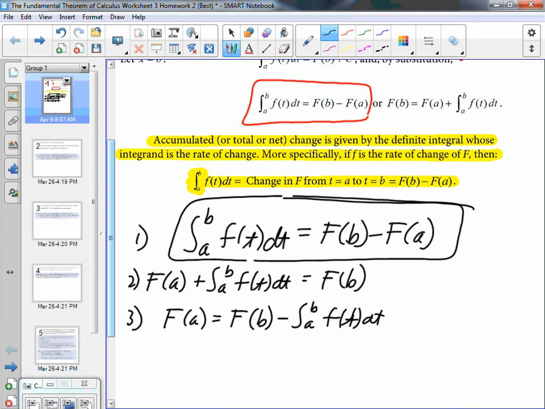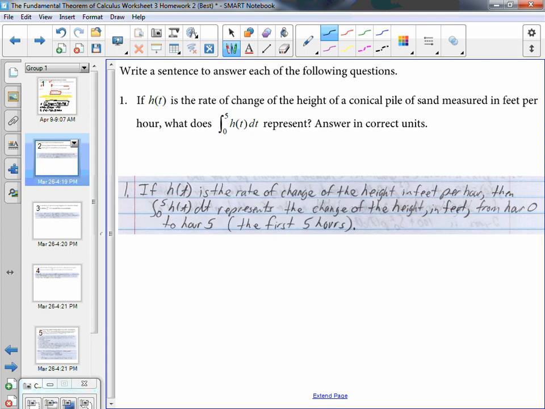All right. So here's the kind of problems they're asking you to do here. Write this one down so you'll have an example to go by. The directions say to write a sentence to answer each of the following questions. If h of t is the rate of change of the height of a conical pile of sand measured in feet per hour, what does the integral from 0 to 5 of h of t dt represent?